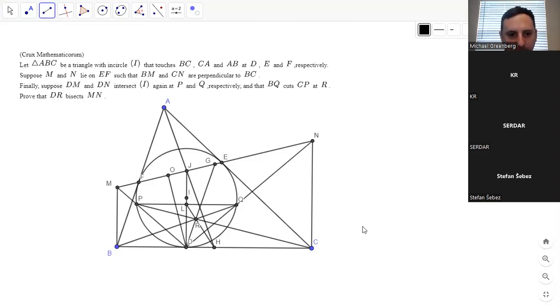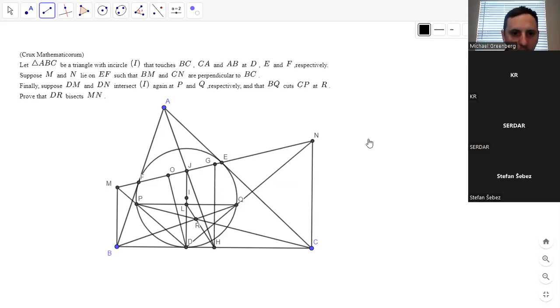Yeah. You may define the point G as the midpoint of MN, and then we will prove that those three are collinear. Okay. So join HG.